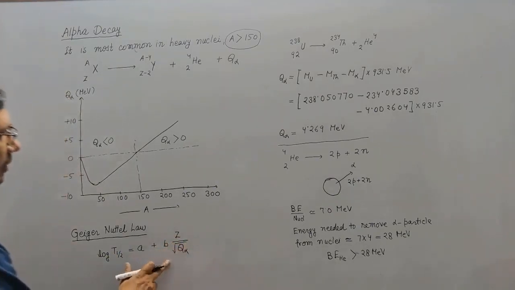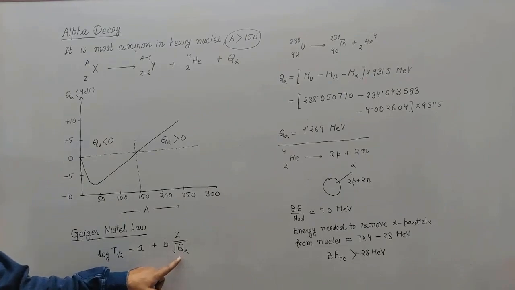Here A and B are constants. Z is the charge number of the nuclei, Q alpha is the Q value of the alpha decay process, and T half is the half-life of the nuclei for alpha decay. So they found this type of relation.